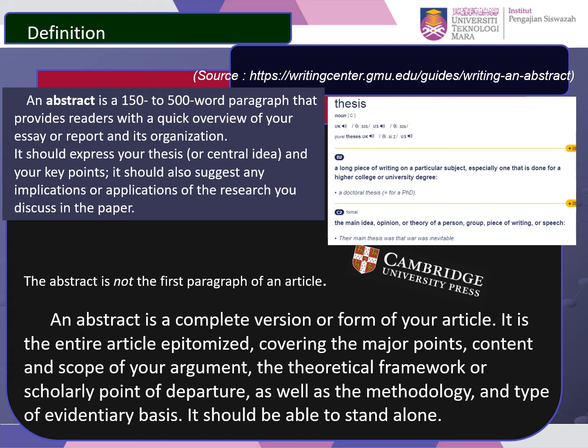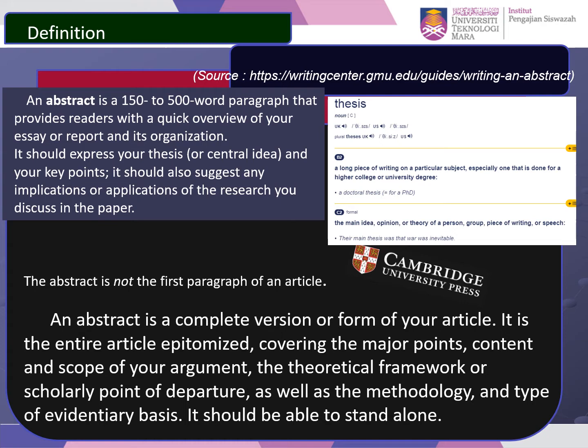Now, an abstract is a complete version. If we take it from Cambridge University Press, it states that the abstract is not the first paragraph of an article. An abstract is a complete version or form of your article, meaning your journal article or conference article.